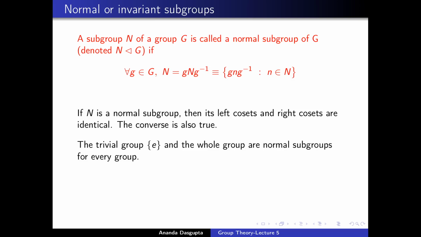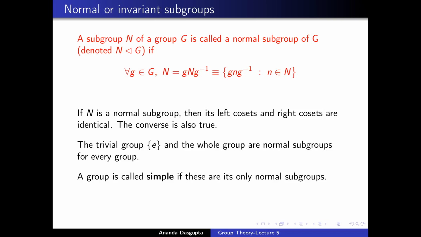Now, this actually brings us to a very important concept. A group is called simple if these are its only normal subgroups, which means a simple group has no non-trivial normal subgroups. The notion of a simple group and its relaxation, a semi-simple group, is going to be very important when we talk about group representations.